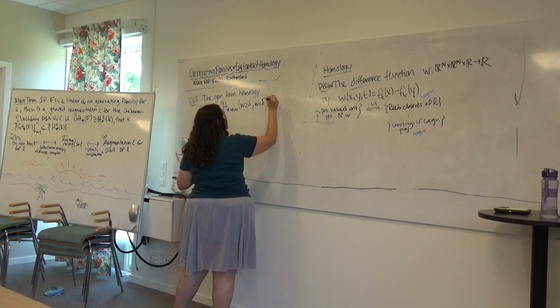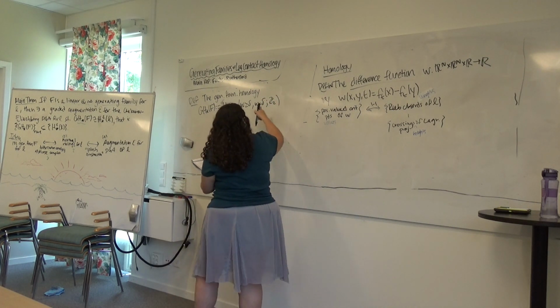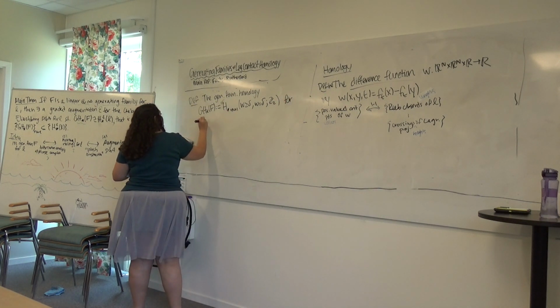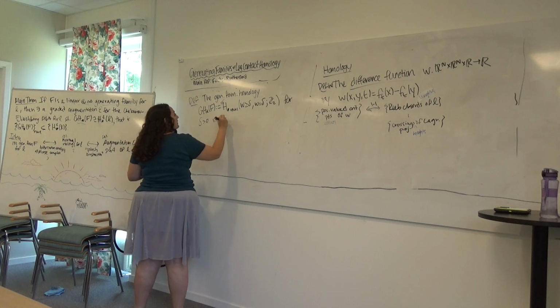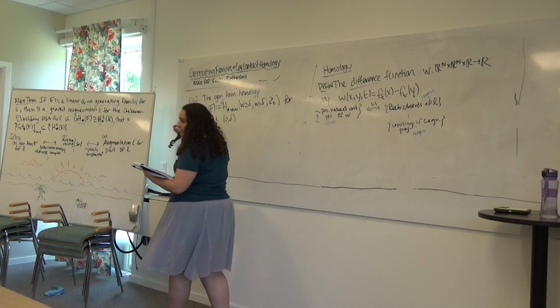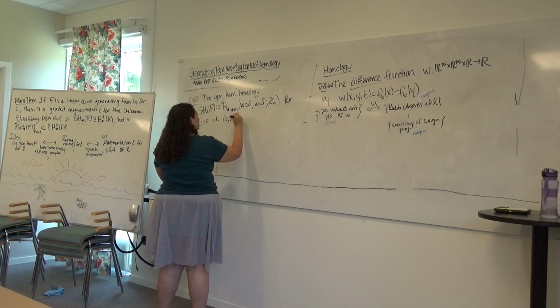We're working over Z2 today, and we just pick a delta so that between 0 and delta, we don't see any critical points or values.